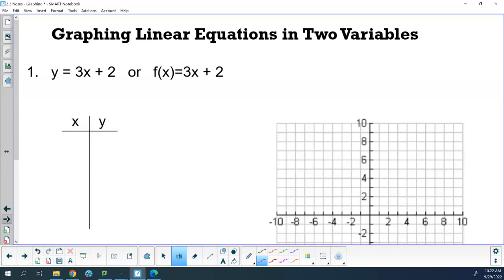But lines can also be in function notation. f of x equals 3x plus 2, where the f of x is like our y. Doesn't matter which one. Now, I've got 3 examples that I want to do today. If you want to do those 3 examples on your pink piece of graph paper, this would be good to switch over to that.